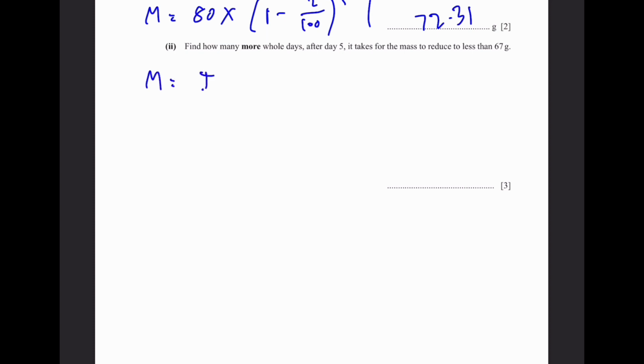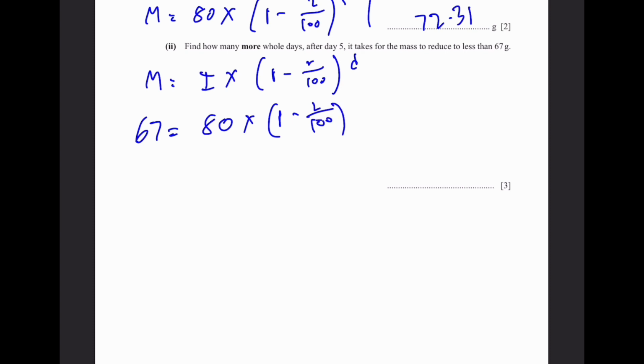M equals I into (1 minus R by 100) to the power D. This means the mass is 67 grams. 80 into (1 minus 2 by 100) to the power D. So we can take 1 minus 2 by 100 as 0.98. So that means 67 by 80 equals 0.98 to the power D.